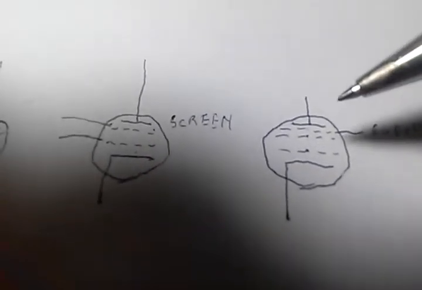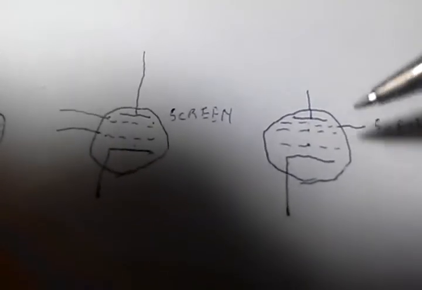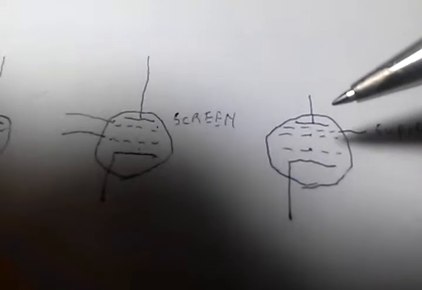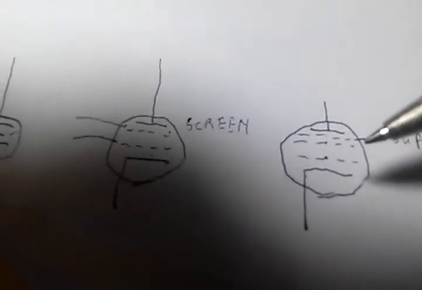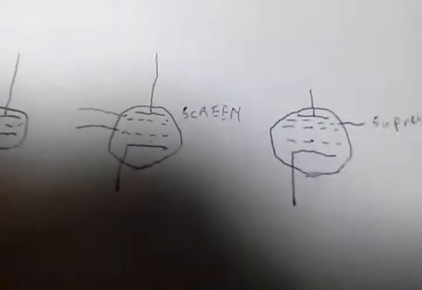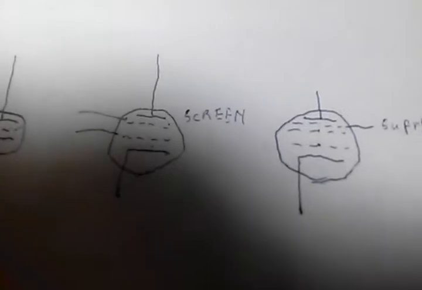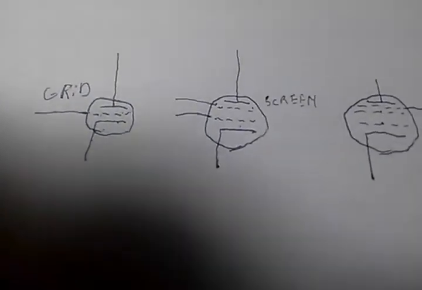So it dampens out the secondary emissions effect. It keeps the electrons from flowing in the direction of the screen grid, and thus eliminates some of the problems associated with the tetrode. And that's really about it.